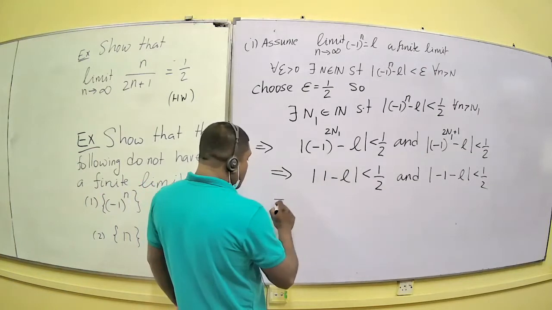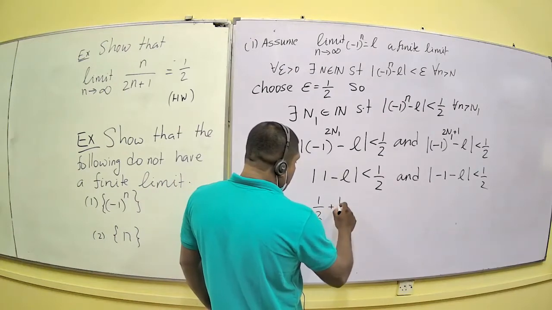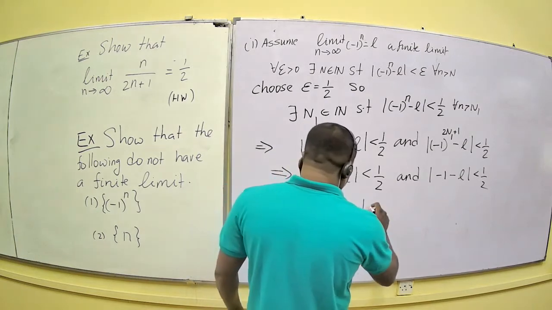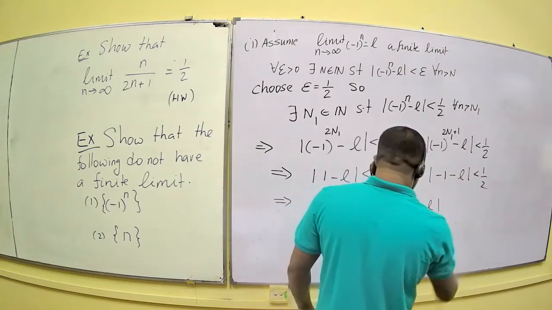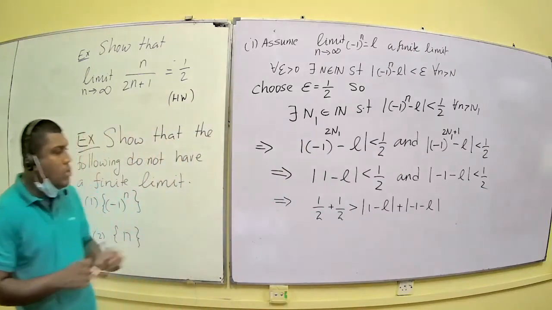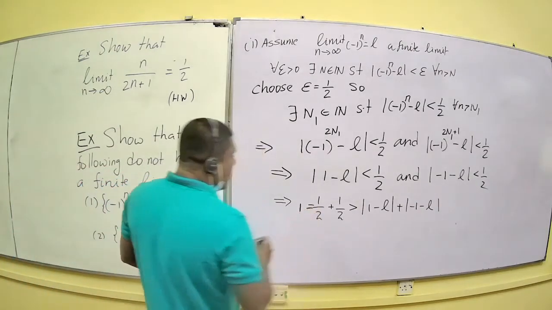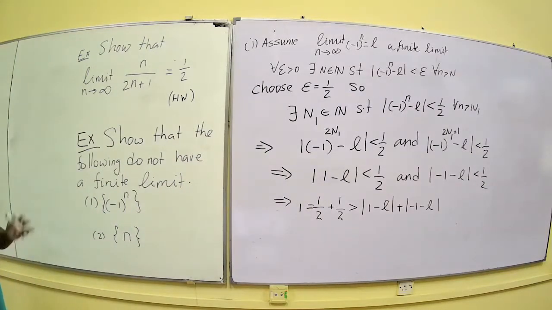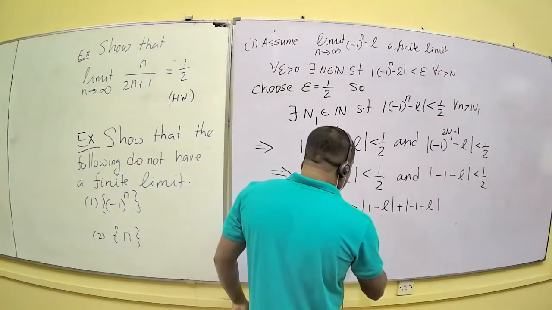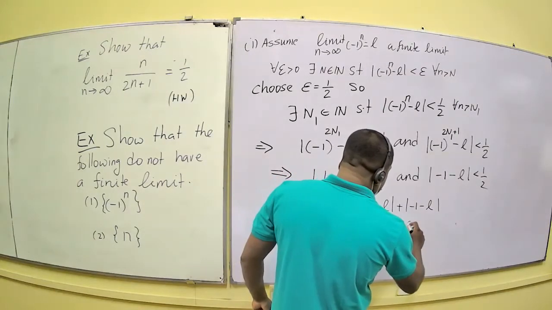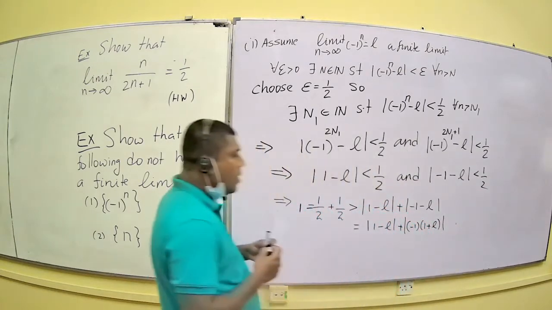Now, if you add these two inequalities, half plus half is basically 1. So 1 is bigger than |1 - L| plus |-1 - L|.